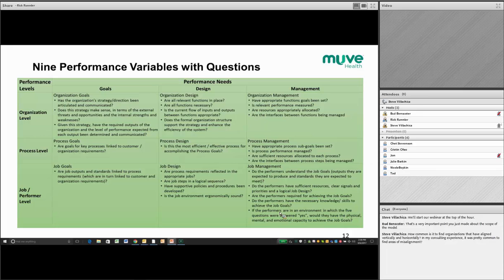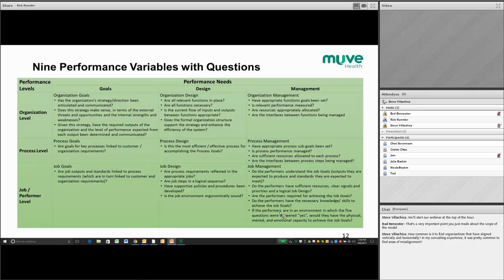One of the things that I always found helpful, this is Steve, in Gary's work was the idea that a lot of times when we first hear about performance gaps, they would be phrased in terms of job and performer level stuff.